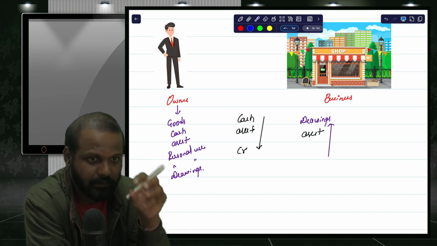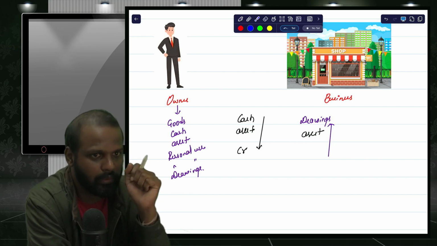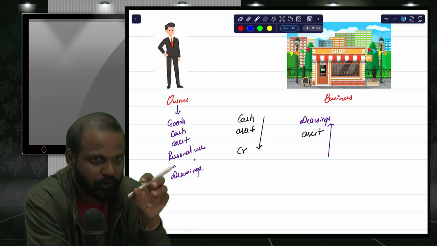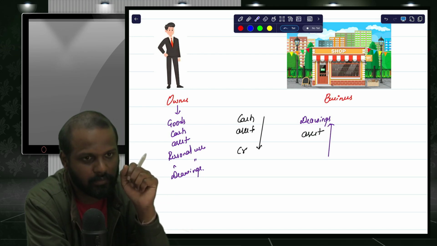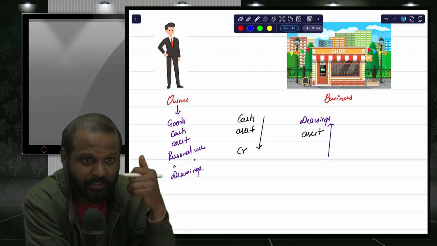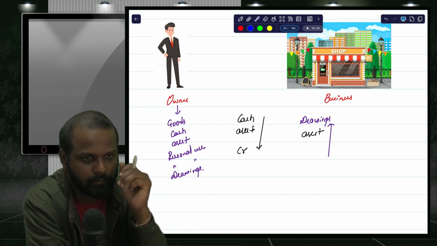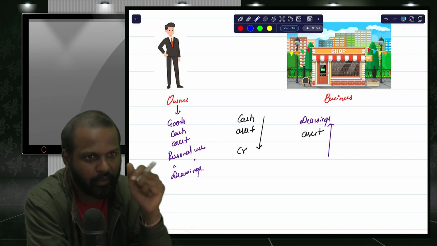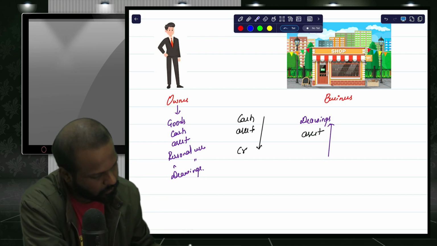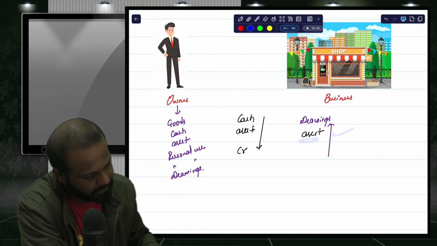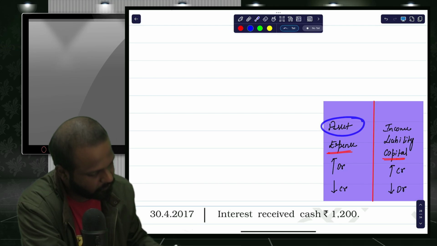Drawings means that much money business has to receive from the owner because he has taken that much for his personal use. Capital means business has to pay that money to the owner in future. Business has to pay is called capital. Business has a right to receive is called drawings. So right to receive means asset. To increase an asset, we do debit.